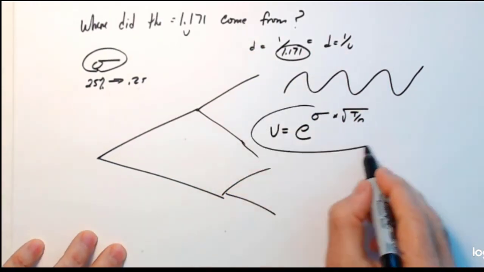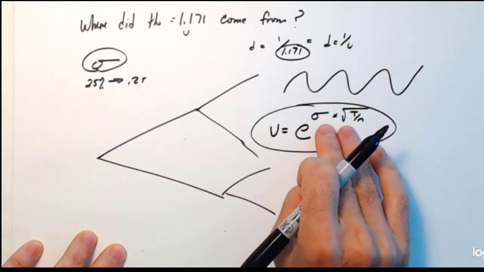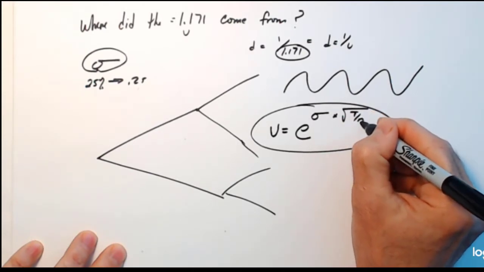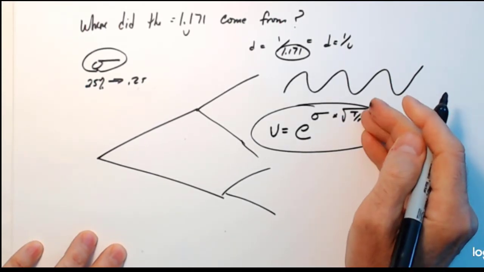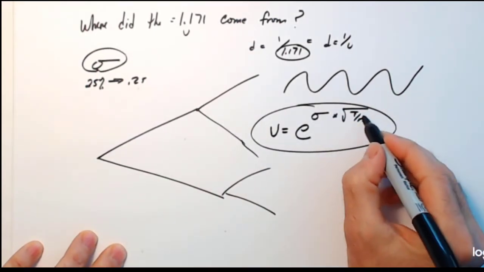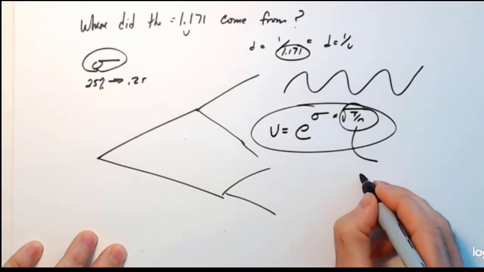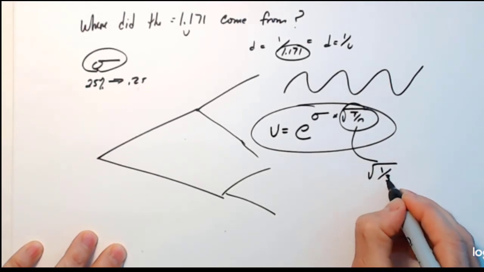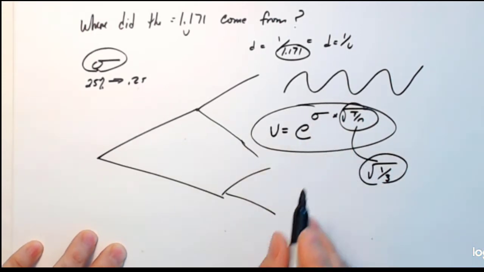Well, this adjusts to no matter what the expiration is. T is in here, and N, the number of steps, is automatically taken into consideration. So if you had a 1 year option with 3 steps, it would be the square root of 1 year over 3 steps, and you'd multiply this by sigma.